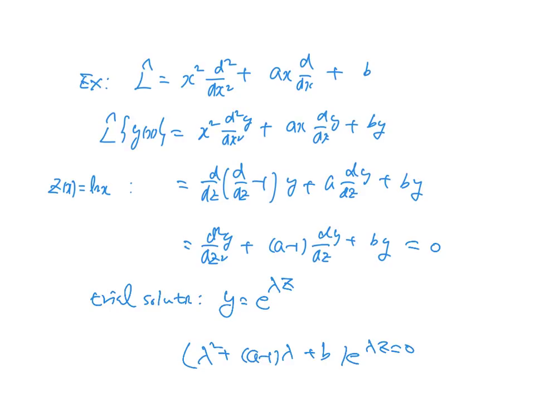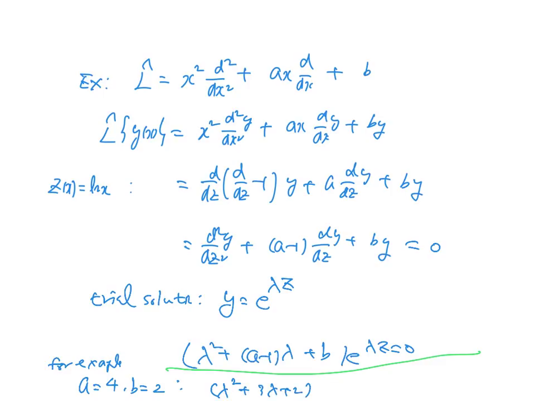So let's consider the easiest case, a equal to 4, b equal to 2. Then lambda squared plus 3 lambda plus 2 times exponential lambda z is equal to 0. So lambda is minus 1, minus 2, right?